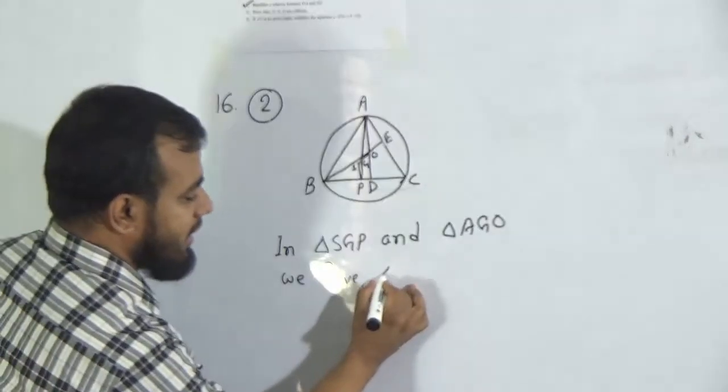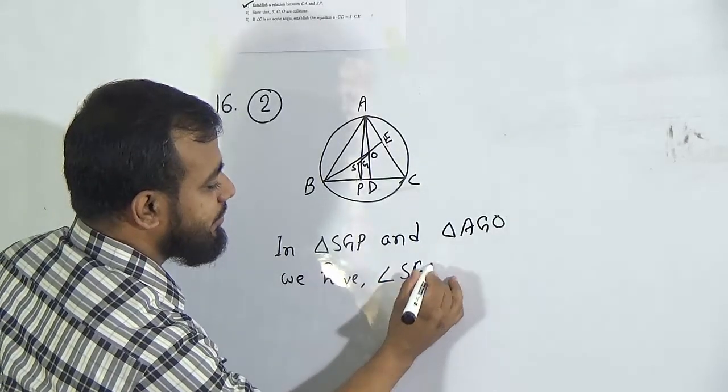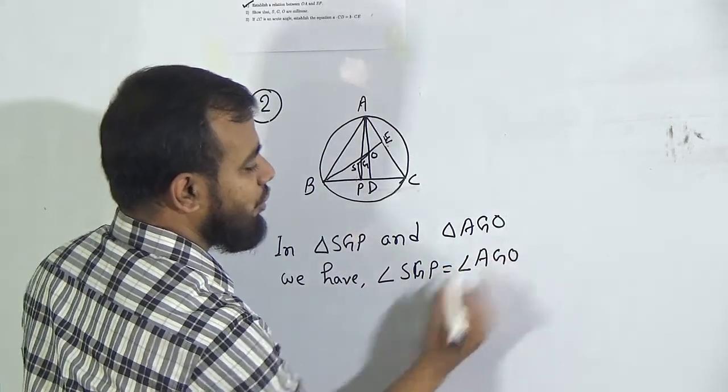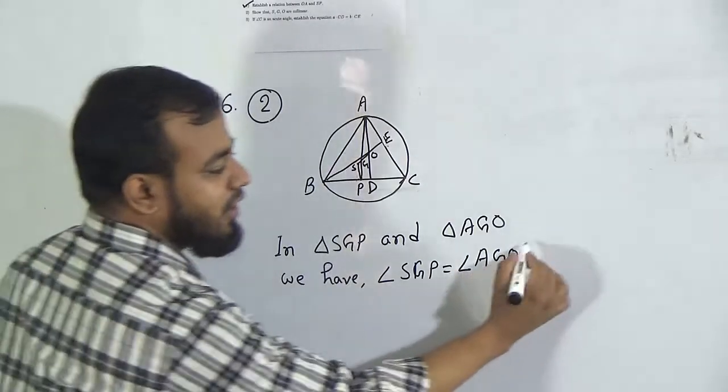We have the angle SGP, that's equal to the angle AGO, because these two angles are vertically opposite angles.